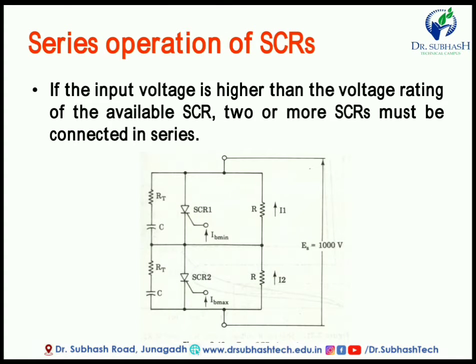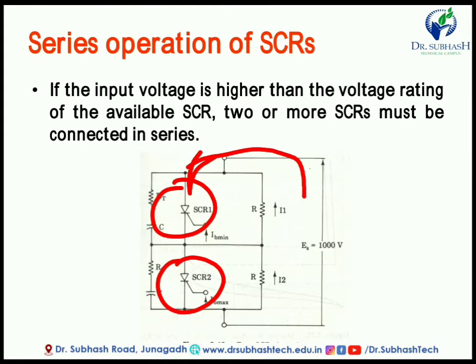First, let's see series operation of the SCR. Here we connect two SCRs back to back. SCR1's anode is connected to the battery or voltage, and the cathode of SCR1 is connected to the anode of SCR2, and the circuit is complete.